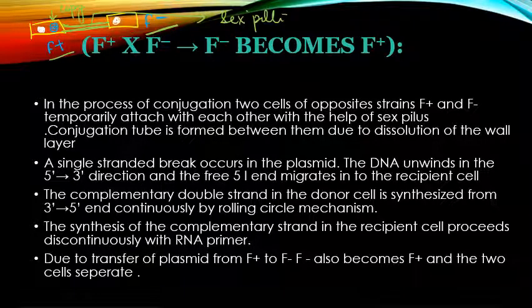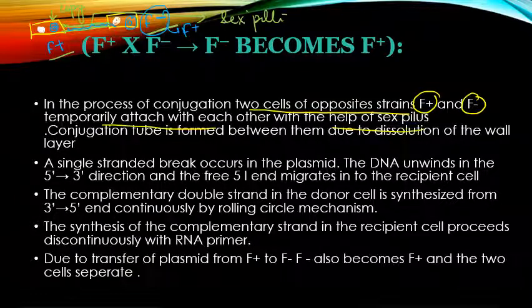It helps in the transfer of the newly synthesized extrachromosomal plasmid to the F negative cell, converting F negative to F positive. Clear? So in the process of conjugation, two cells of opposite strain, F positive and F negative, temporarily attach with each other with the help of sex pilus. So this is the sex pilus.